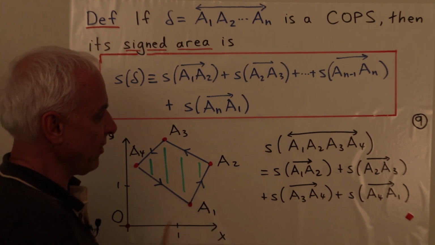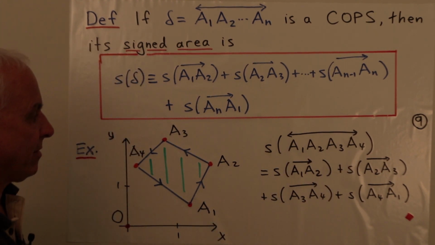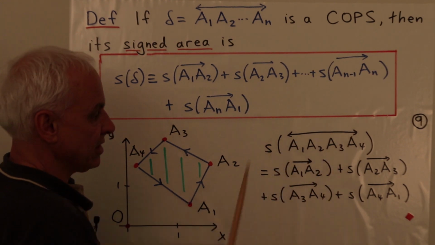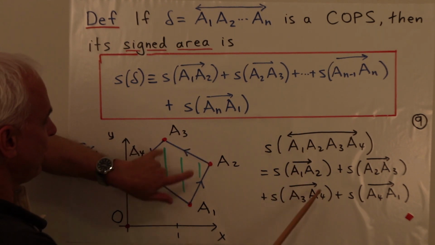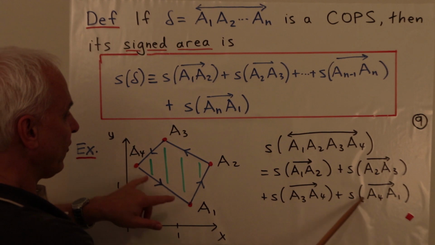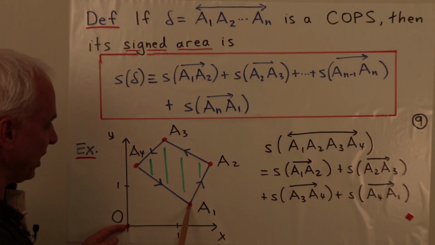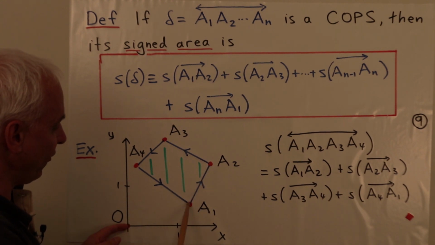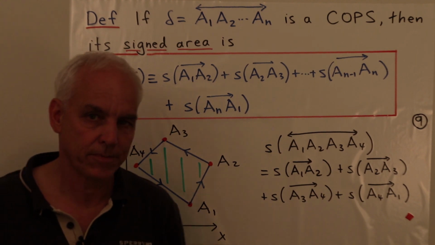And so the signed area of this thing as a cyclic oriented polygonal spline, A1, A2, A3, A4 with the spline double arrow, is the signed area of A1, A2, plus the signed area of A2, A3, plus the signed area of A3, A4, plus the signed area of A4, A1. And each one of those, of course, has the interpretation that we're now familiar with as that of a signed area emanating from the origin.